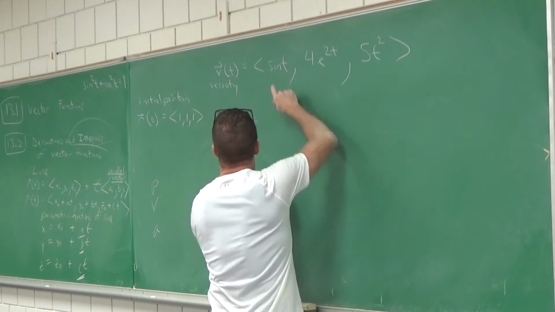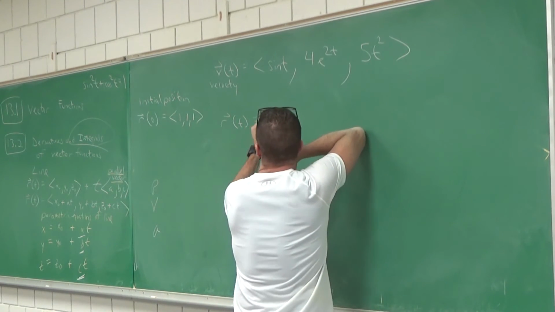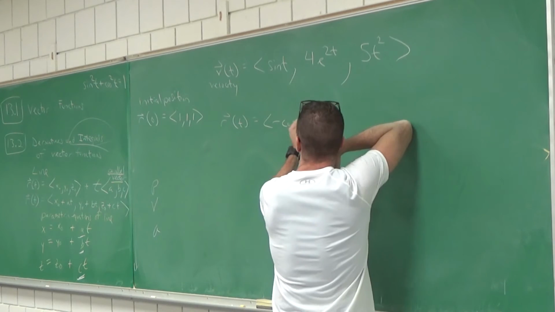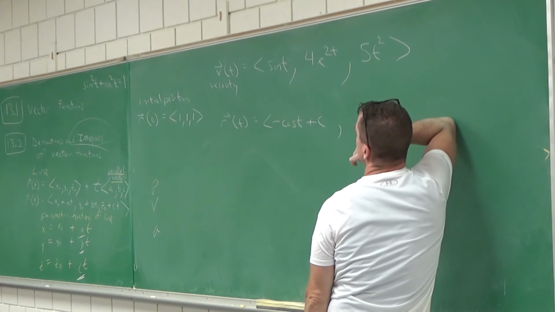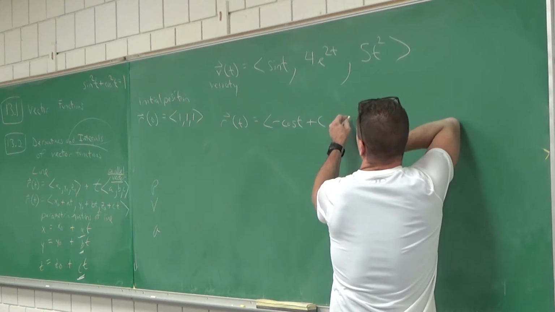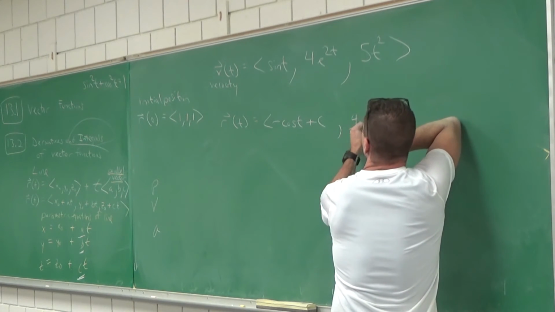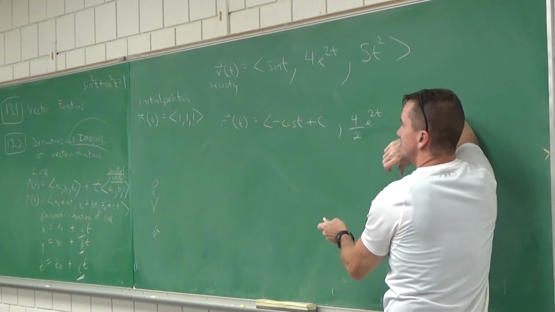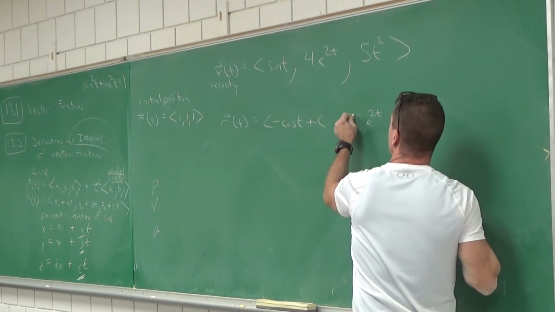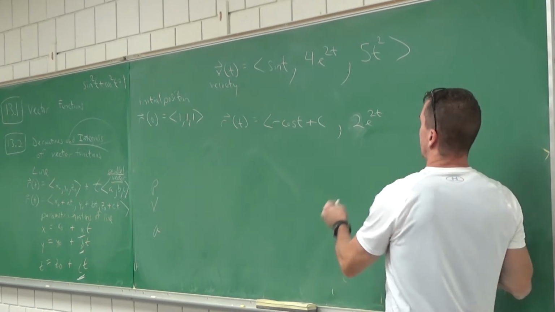What's the integral of sine? Negative cosine t plus c. What's the integral of 4e to the 2t? Good job, everyone. What he did was divide by 2, because it wasn't a derivative, it was an integral, which became 2e to the 2t. He actually did a u sub, if you think about it.